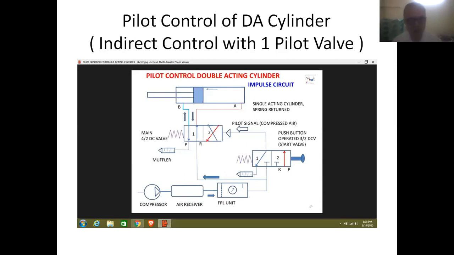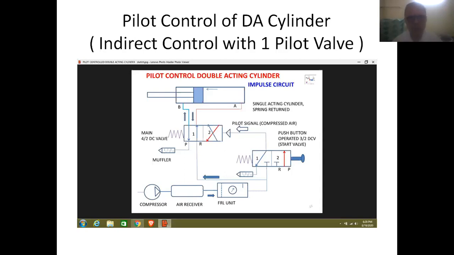Compressed air is required for operating a pneumatic circuit. Therefore, this compressor is very essential for generating high pressure air that is ultimately used for operating the piston of the double acting cylinder.